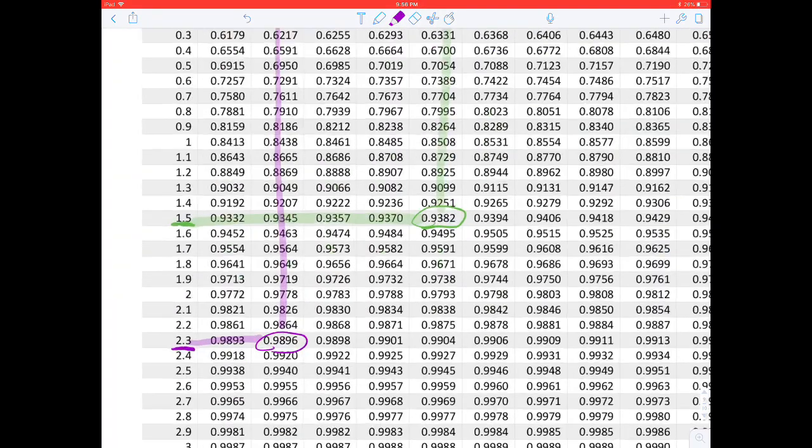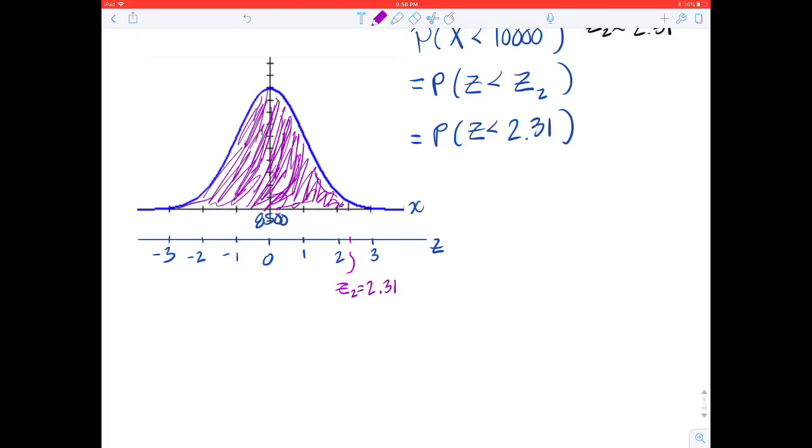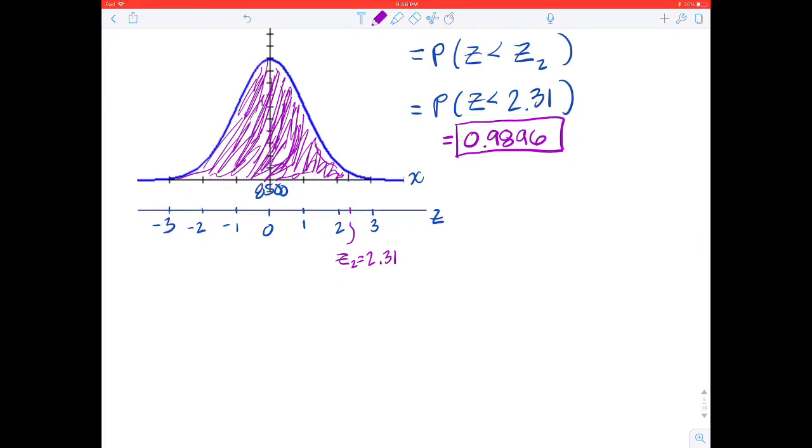So this is point what, 9896. So very good probability of having less than $10,000 of sales. Okay?